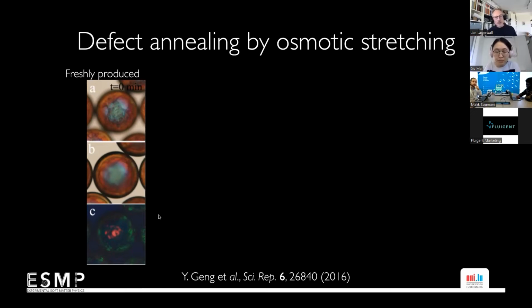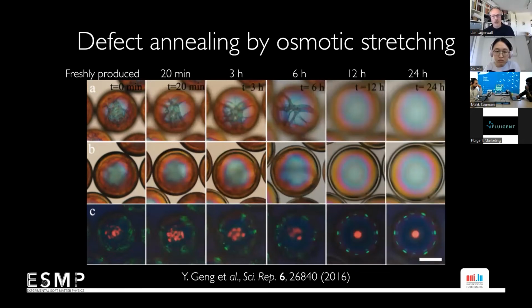So if you have a little bit more PVA inside than outside, then you have an osmotic pressure that drives water into the shell. And that means that we can actually anneal these shells fairly quickly. So this is from 2016, and Young managed to reduce the annealing time from a week down to about 12 hours in this way. And with our most recent result, we've actually reduced it to 6 minutes.